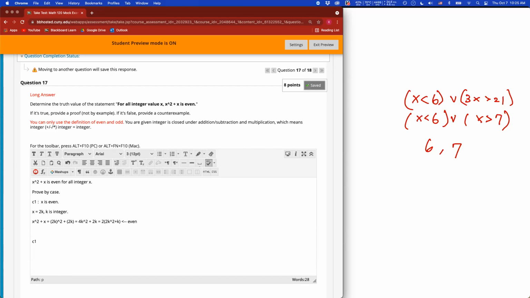Now case 2, you can have x is odd. Now if x is odd, your x can be written as 2k plus 1, where k is an integer.